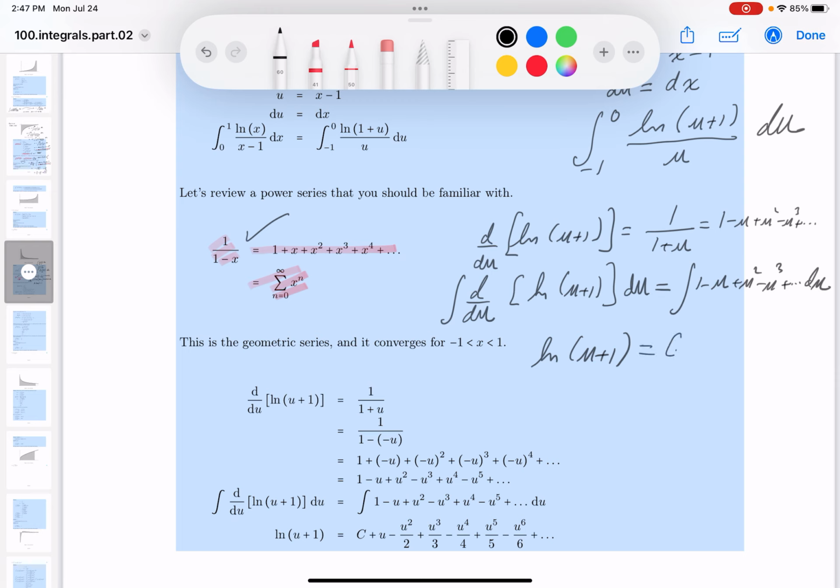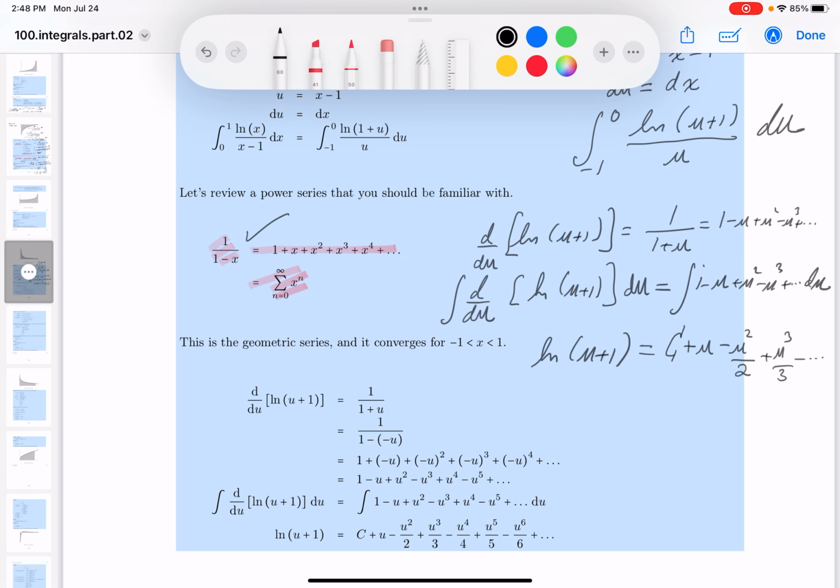You're going to get c, some constant of integration, plus u minus u squared over 2 plus u cubed over 3 minus yada, yada, yada. Whoops, I forgot somebody first. I didn't see that guy. I'm sorry about that.